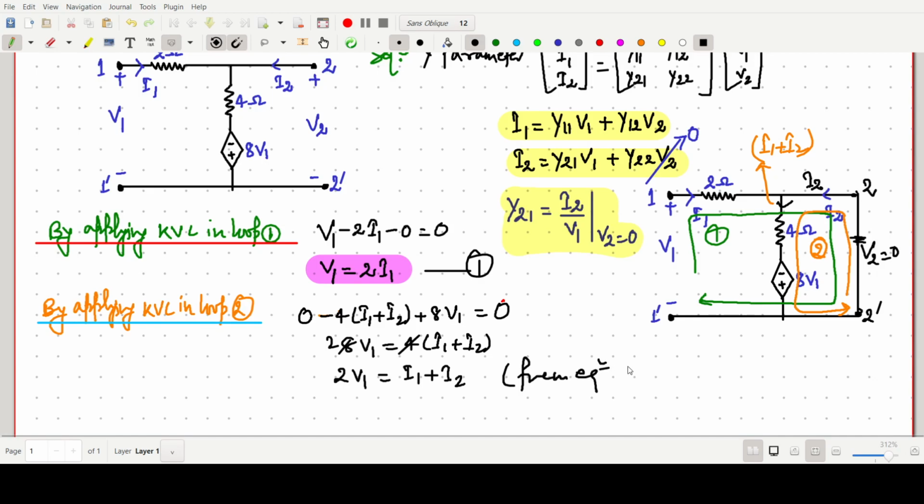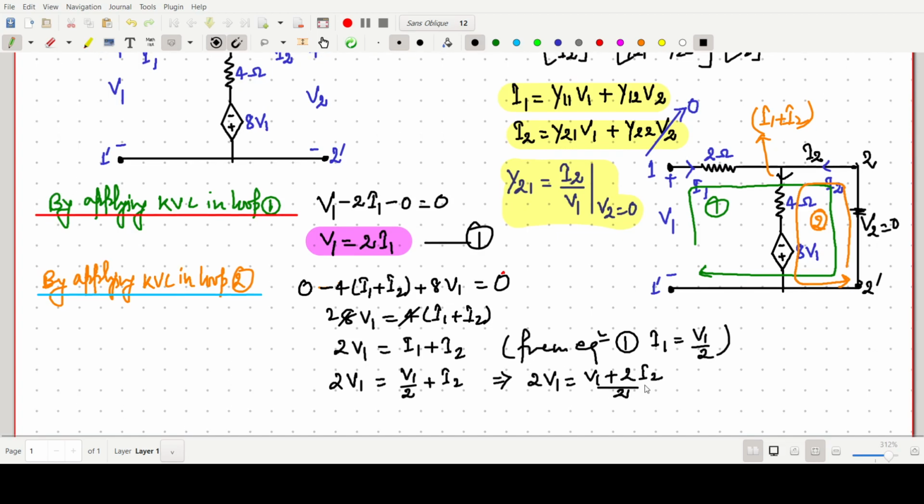From equation 1, we can write I1 equals V1 by 2. So twice V1 equals V1 by 2 plus I2. Then twice V1 equals V1 plus twice I2, divided by 2.